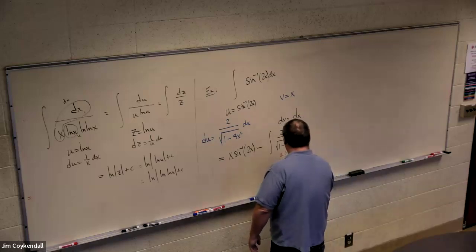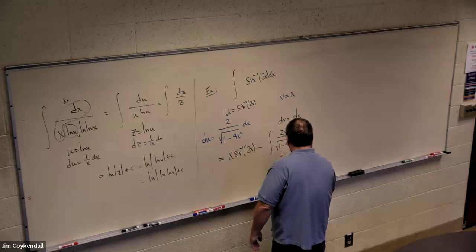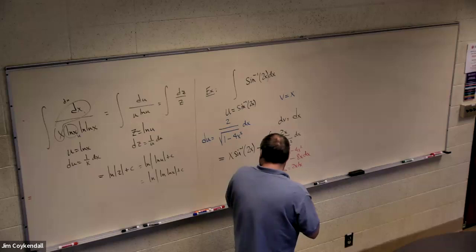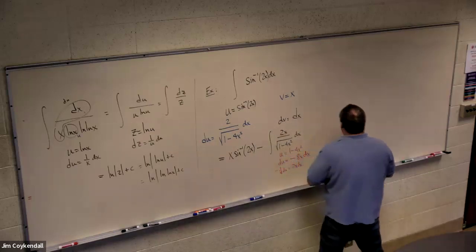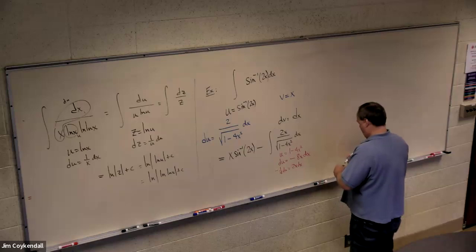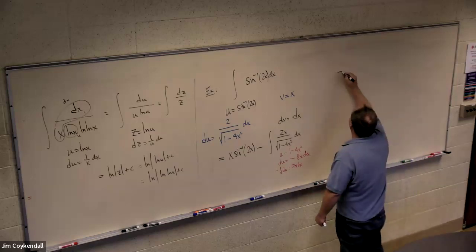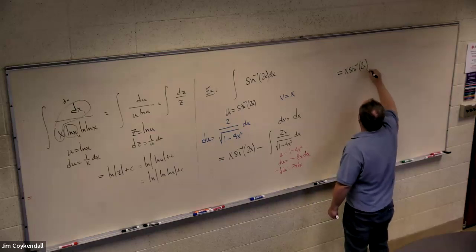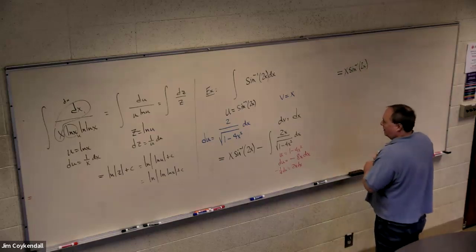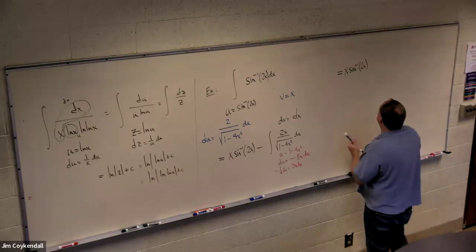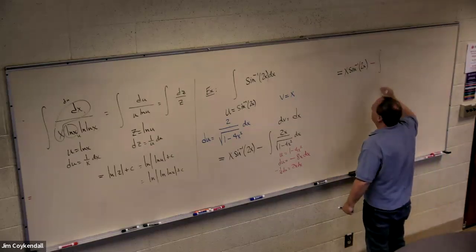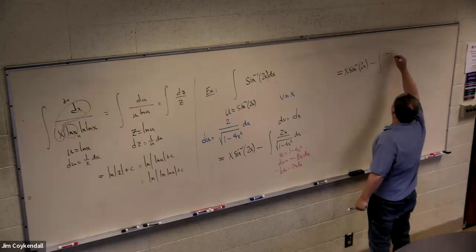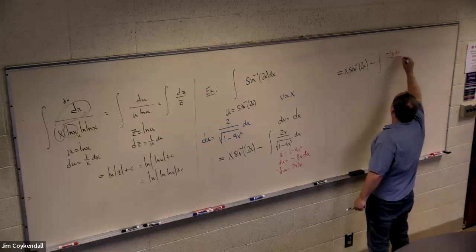So we have x inverse sine 2x minus the integral of, well, let's see, 2x dx is minus 1/4 du. Let that be u.